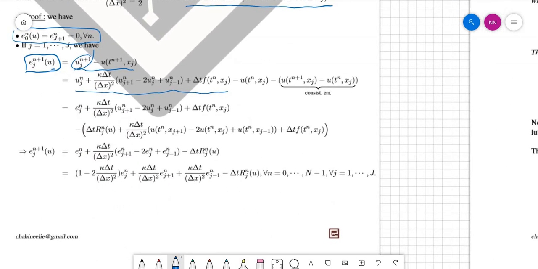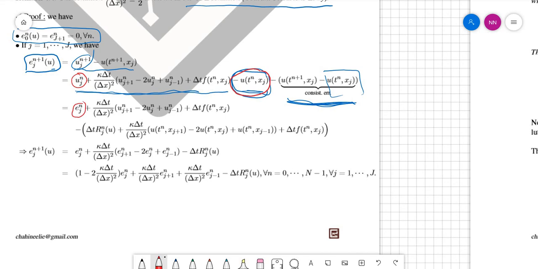this expression in here. And then here we subtract and add this term intentionally, so we can have the consistency error in here. Okay, the aim is not to have the consistency error, the aim is to have this term in fact, but we will obtain the consistency error. Now the difference between this term and this one is the error at the step t_n for x equal x_j, which is e_n_j.